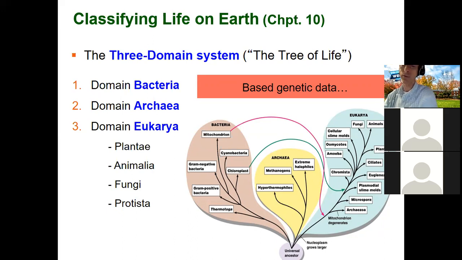And I can say it's even worse than that, and that is scientists cannot agree how many kingdoms there are. We're going to use the 6-kingdom approach: kingdom bacteria, kingdom archaea, and these 2 kingdoms are the same as the domain. And then kingdom Plantae, kingdom Animalia, kingdom Fungi, and kingdom Protista.